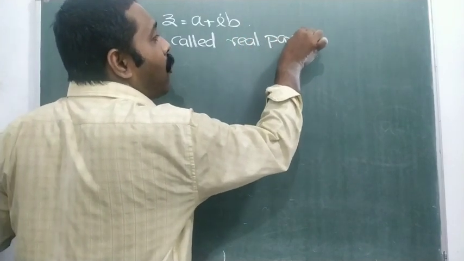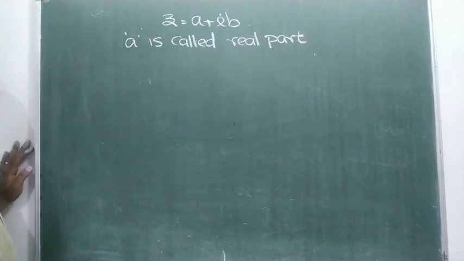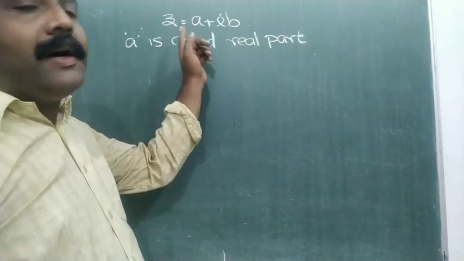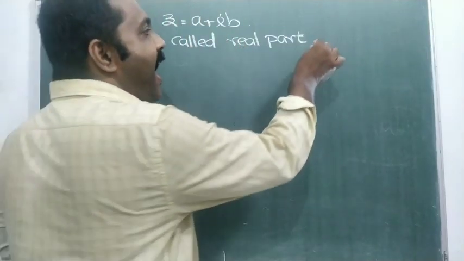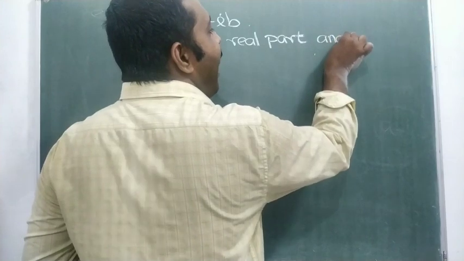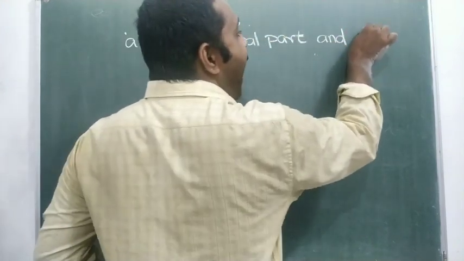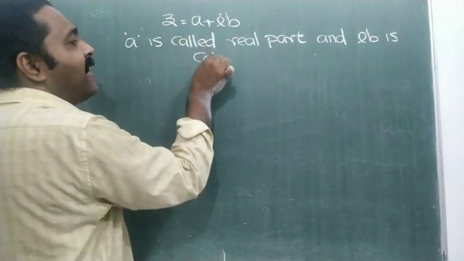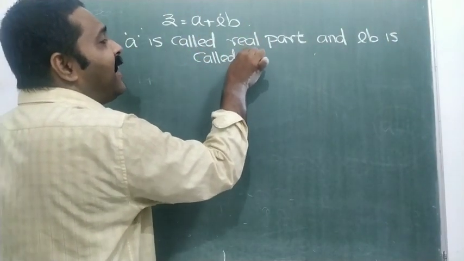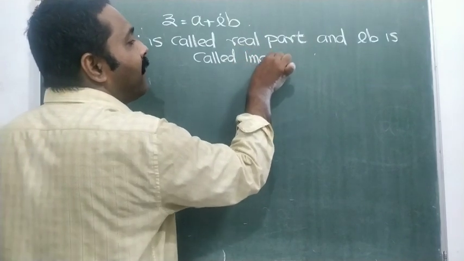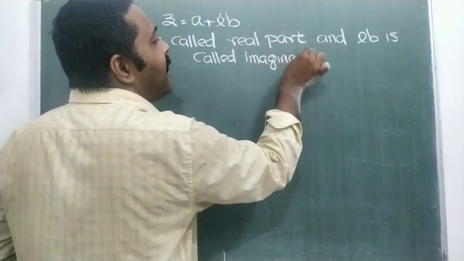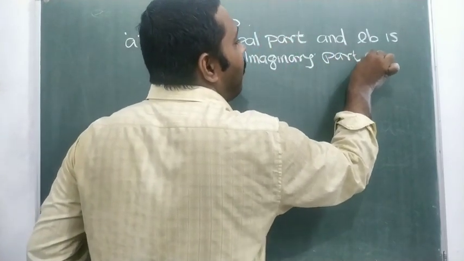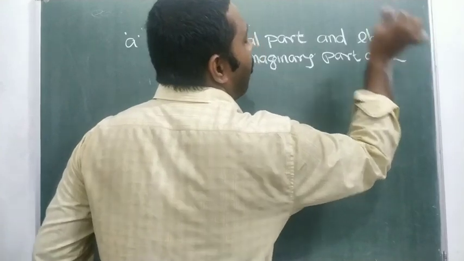The real part of the complex number is a. And the second term, ib, is called the imaginary part of the complex number.